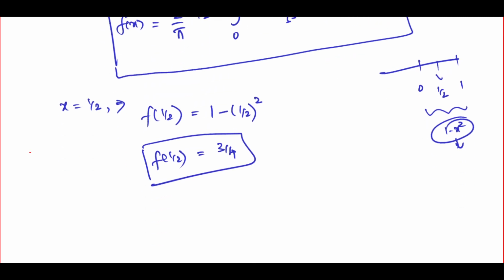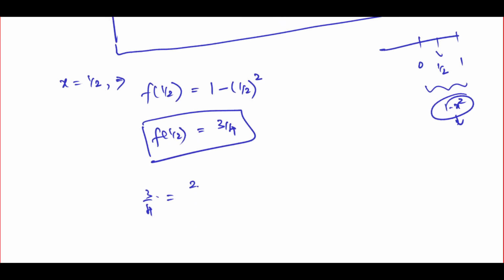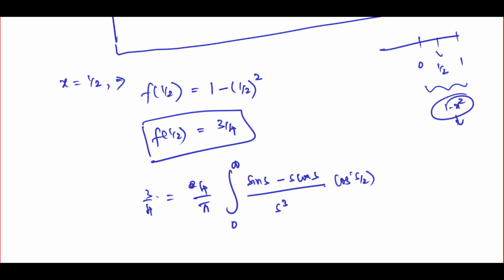So therefore, what we get here is 3 by 4 is equal to 4 by pi, integral 0 to infinity (sine s minus s cos s) divided by s cube into cos, remember it was sx, but x is 1 by 2, so cos s by 2 into ds.